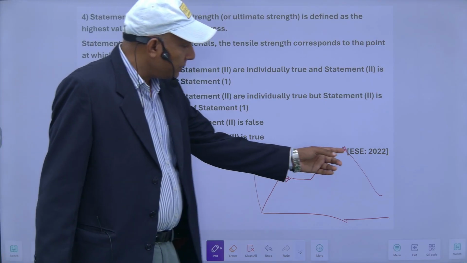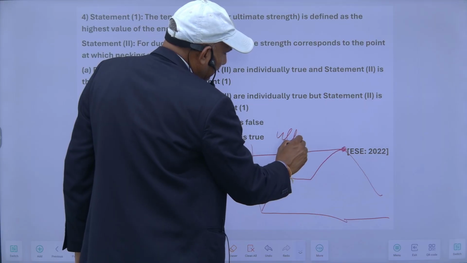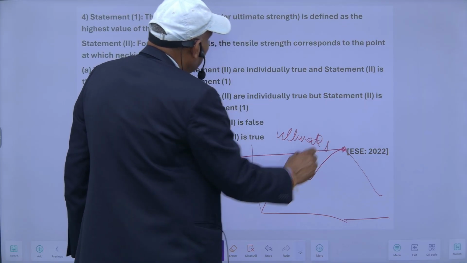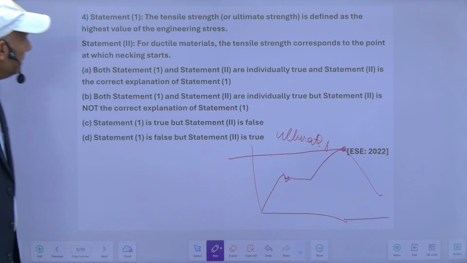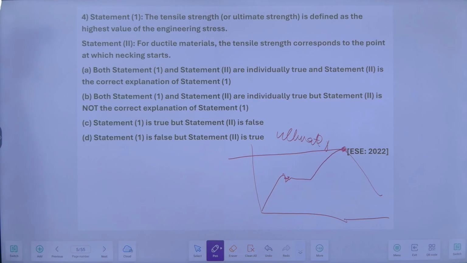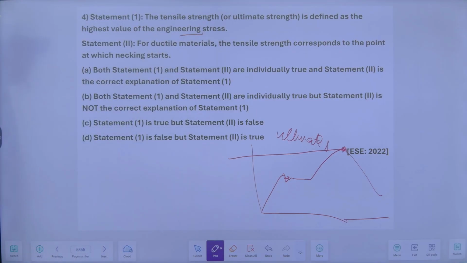This is the point which we consider for our analysis and design. So this is okay. And for ductile material, the tensile strength corresponds to this point, yes, this is also okay.